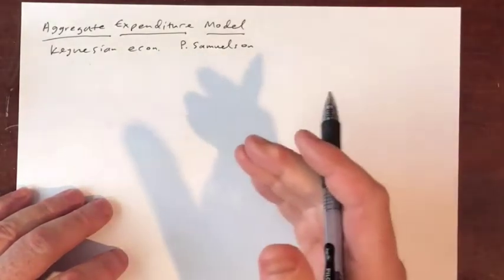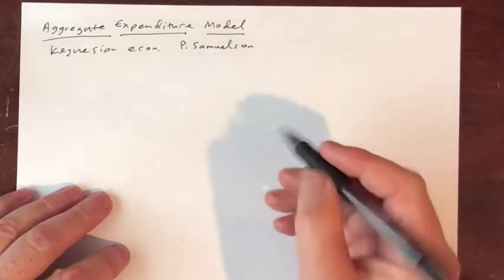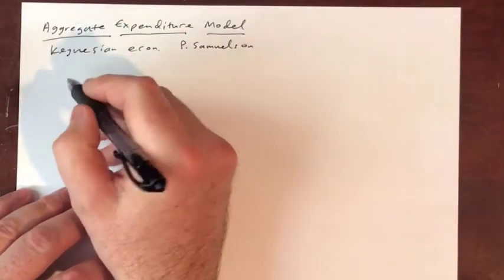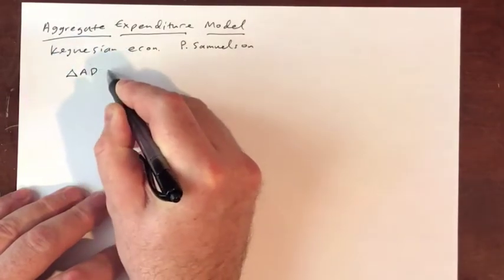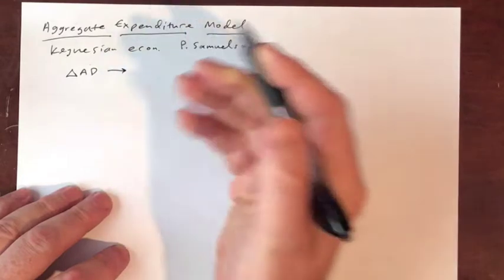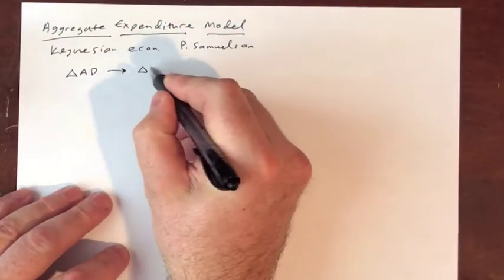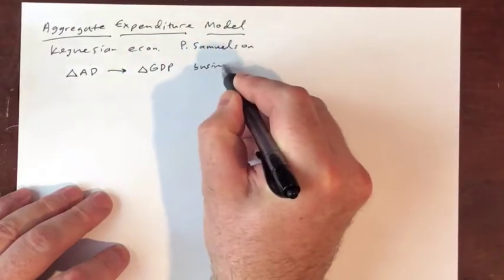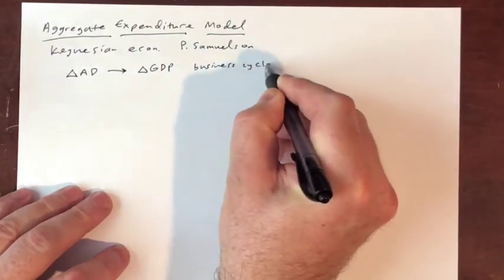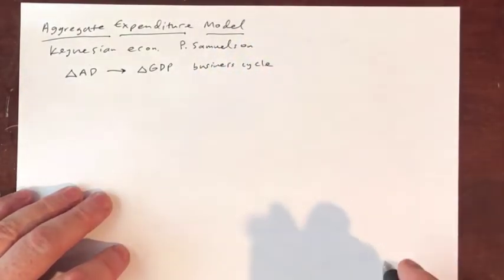Okay, so again, the point of this model is to try to understand this. Keynesian theory says it is changes in aggregate demand which lead to changes in the economy, which lead to changes in GDP, which gives us the business cycle and is the key to smoothing out fluctuations in the business cycle.